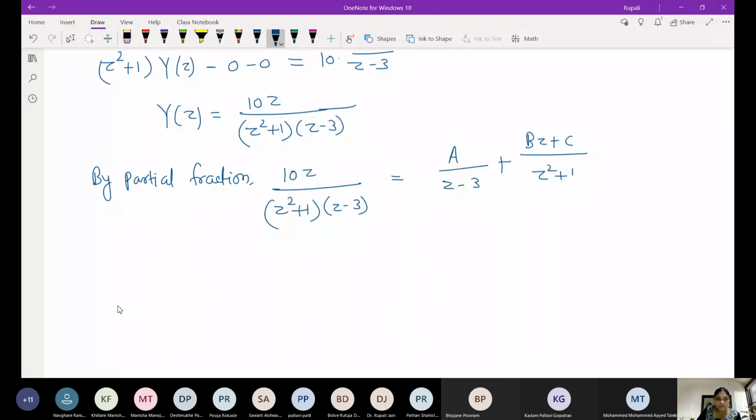Do you know this partial fraction method, when it is square? So now simplify and tell me what is the value of A, B and C.